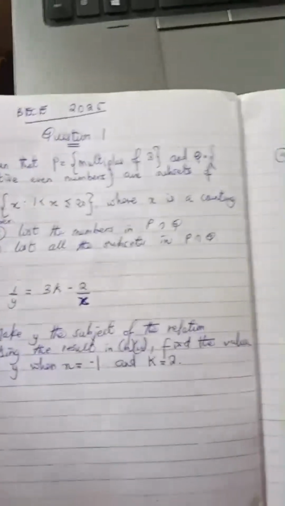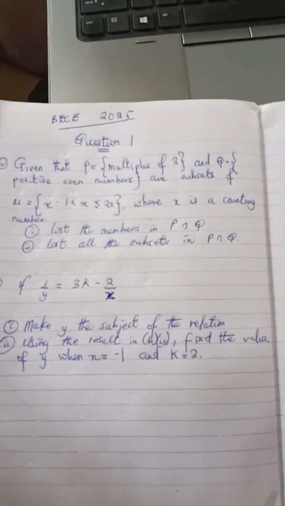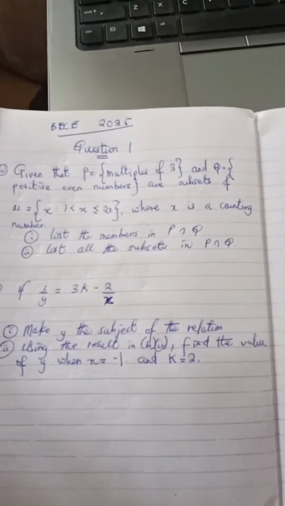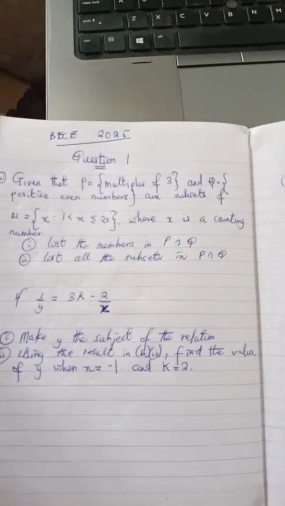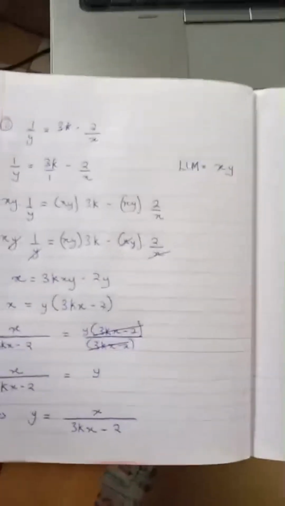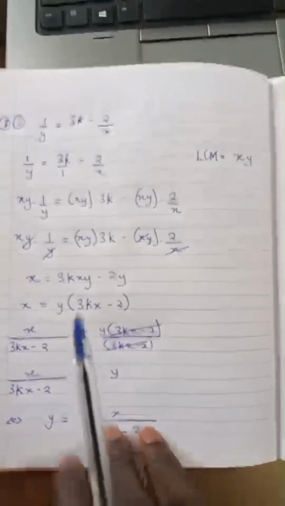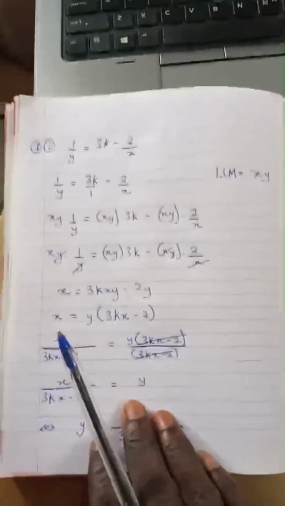The B, as I read on, says if you have 1 over y is equal to 3k minus 2 divided by x, we have to make y the subject. Let's look at how the solution for this one goes and what we were being demanded of.